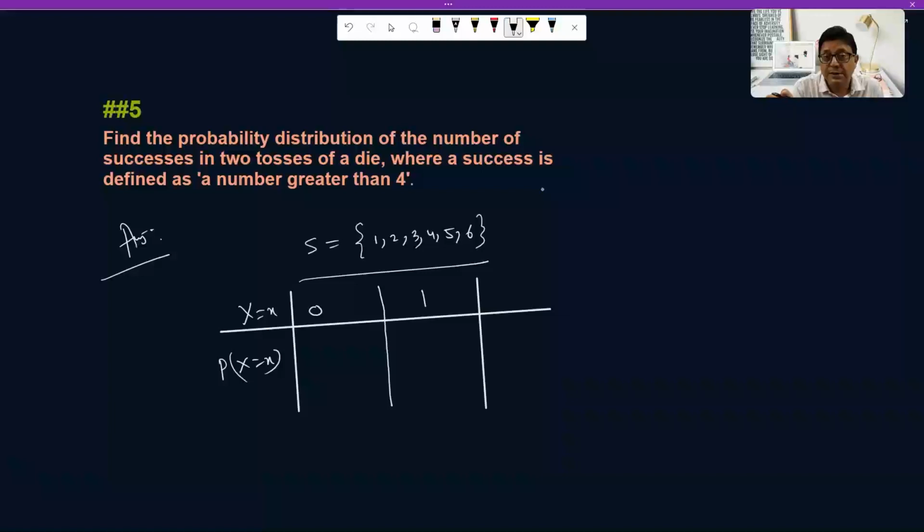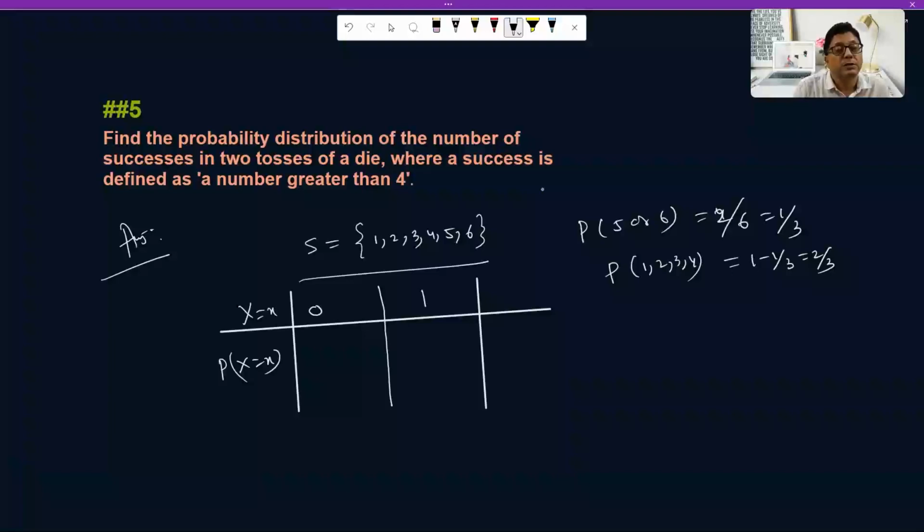For the 0 case, where you are not getting a number greater than 4 at all, I mean 5 and 6 you haven't got, what will be the probability? Probability of getting 5 or 6 is 2 by 6, 1/3. Then probability of not getting a 5 or 6, I mean 1, 2, 3, 4, is 1 minus 1/3, that is 2/3. Clear?